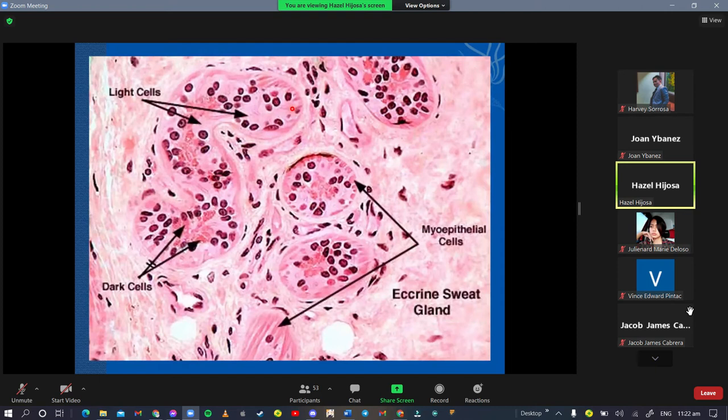Okay. Then the next gland, we have the sweat glands. They are classified into two: eccrine and apocrine sweat glands. For your eccrine sweat glands, these are the glands that are not associated with hair follicles. So what is the anatomical classification?